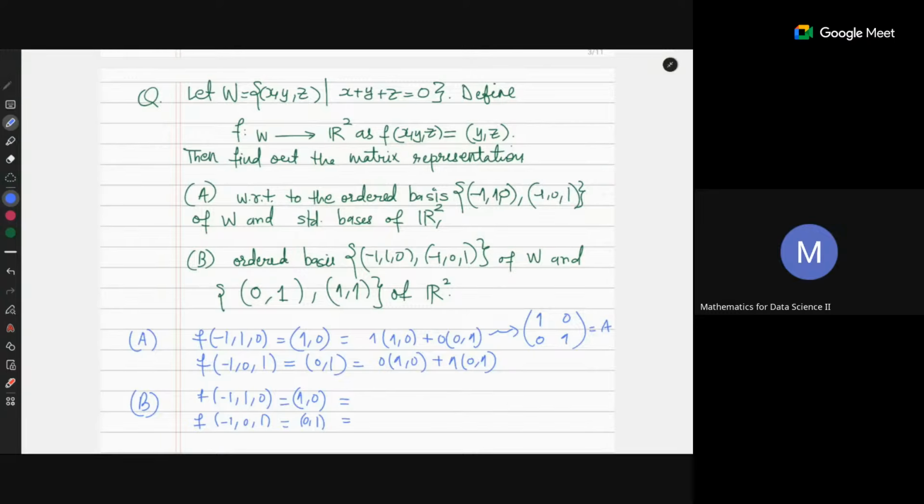So now we need to express (1, 0) and (0, 1) in terms of this basis. Now what are A and B? B is 1 and A is minus 1. Does everyone agree with that?